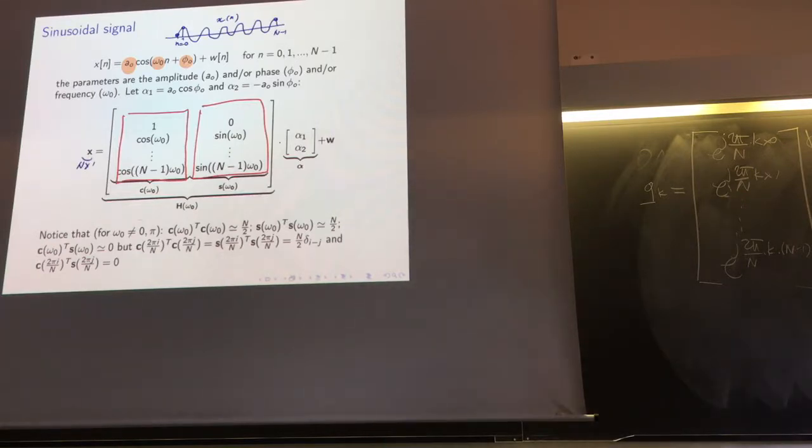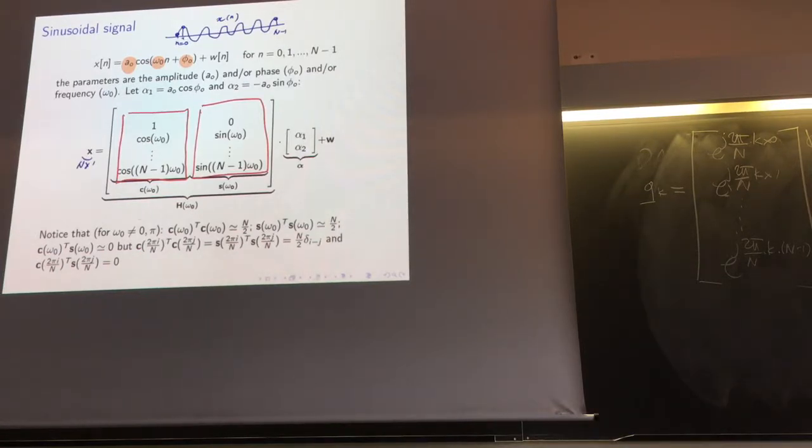Now what I'm saying is, if I write cosine omega 0, and then I write sine omega 0, and then you write cosine omega 0 transpose sine omega 0. Now this is a vector which contains cos omega 0 times 0 times cos omega 0 times 1, and so forth.